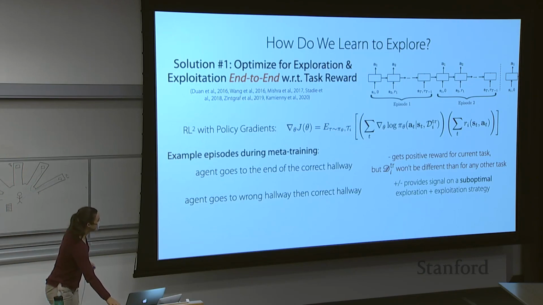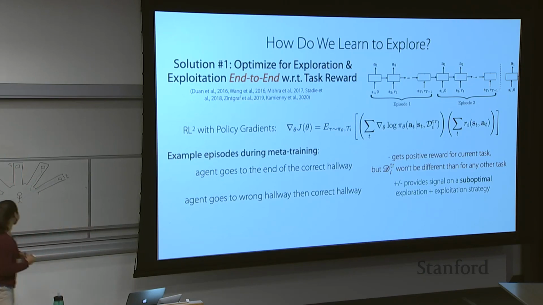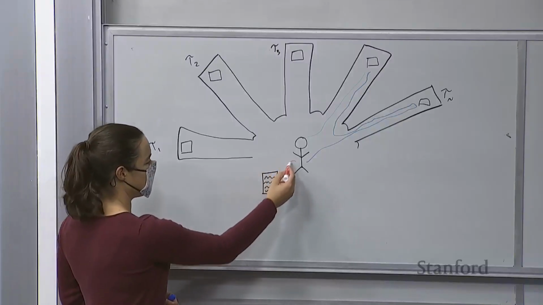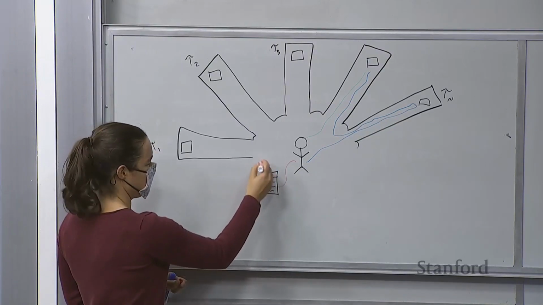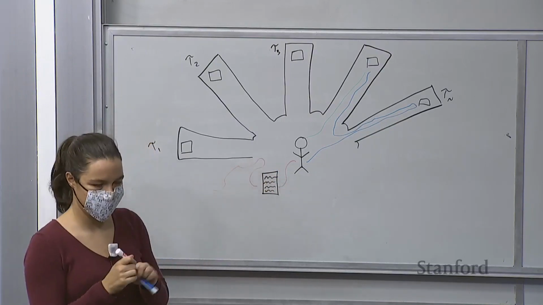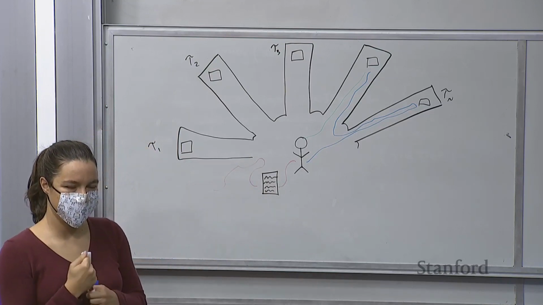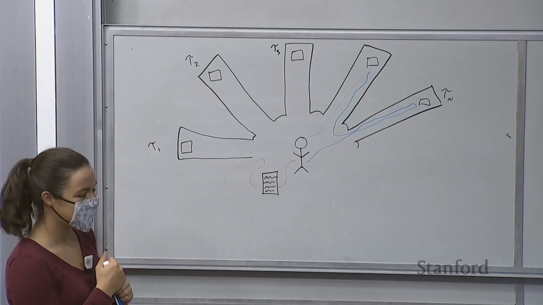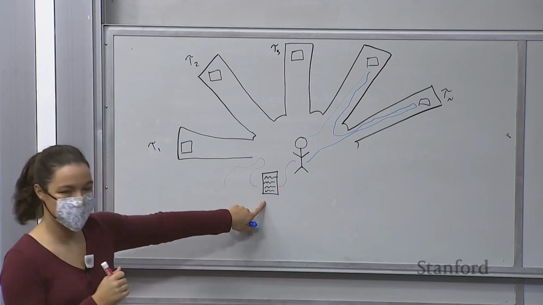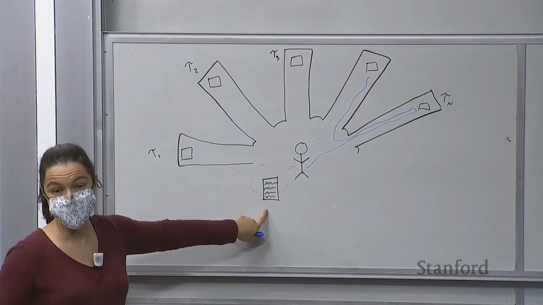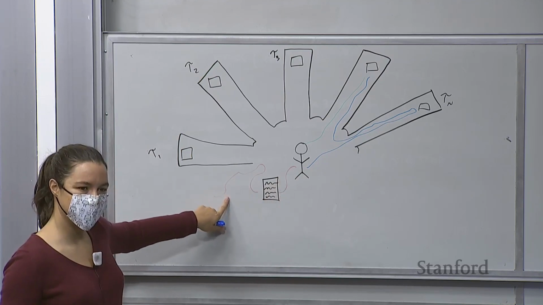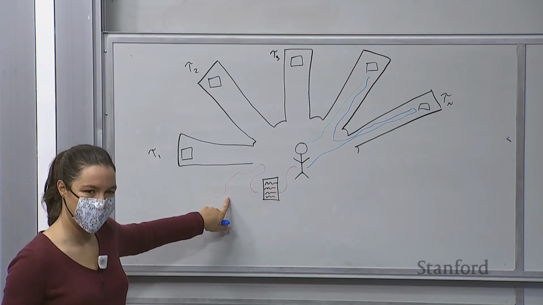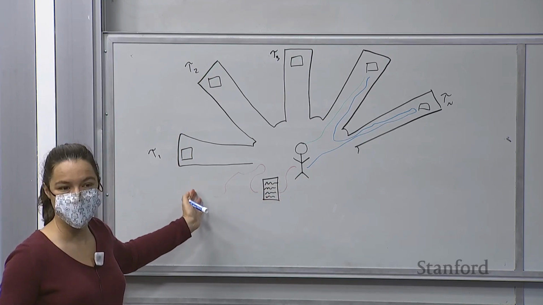And then lastly, say that you have a trajectory that looks like this, where the agent actually does go and read the instructions. And then maybe after it reads the instructions, it does some random stuff. An episode like this is good in the sense that it is actually showing some exploratory behavior that's informative for the task. However, it's not going to be able to use this experience in a meaningful way, because it's still going to get a reward of 0 for this experience.